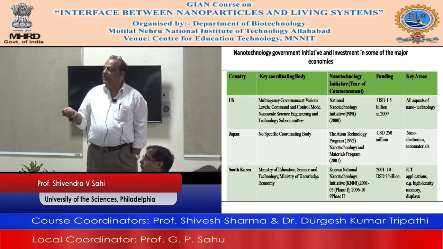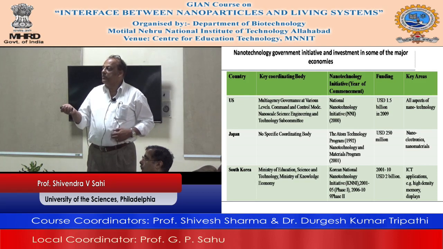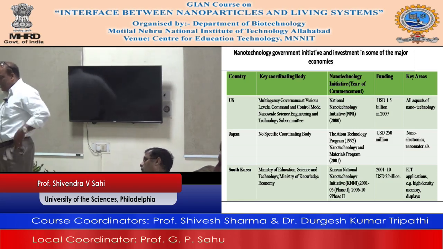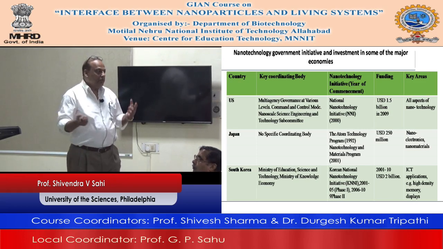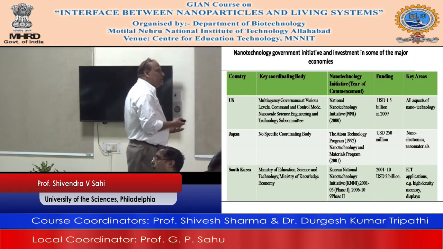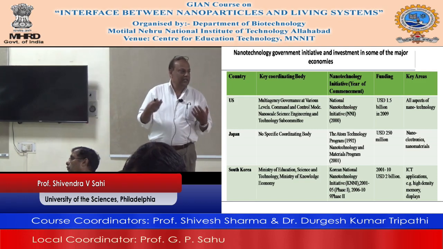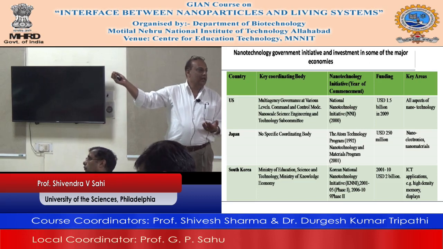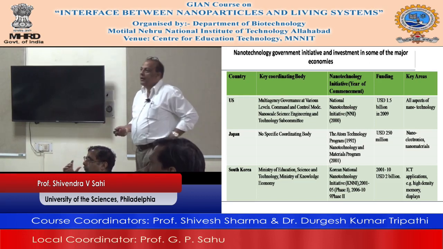Then they added some more, about 760, only in certain areas, nanomaterials and ICT application, what kind of application it has in the future. There are very few countries with a lot of resources and lots of money that started pouring in, and later on you will see what kind of product they got.